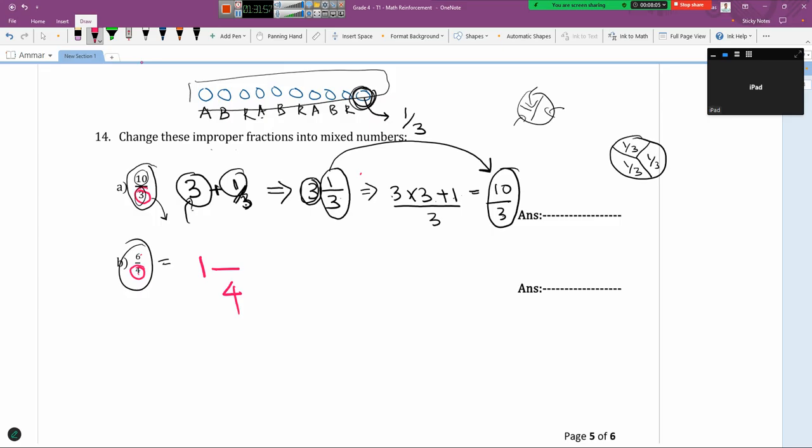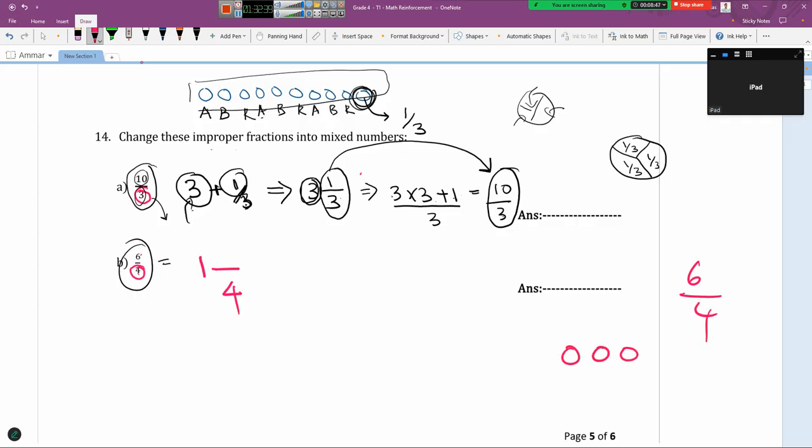And after dividing 6 by 4, what's the remainder? Is it 1? 6 divided by 4, right?